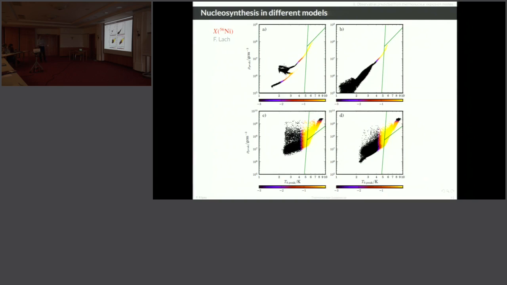So in the double detonation we have predominantly this taking place in incomplete burning, and in alpha-rich freeze-out, because the densities are low, we have high entropy NSE, and some of the iron group elements are produced also in the helium shell detonation. The mergers actually, because they're also sub-Chandrasekhar mass models, also produce iron group elements predominantly in the alpha-rich freeze-out. Whereas the Chandrasekhar mass models produce substantial amounts of nickel-56 in the normal freeze-out from NSE. That's just because they burn at high densities and we have low entropy NSE freeze-out here.